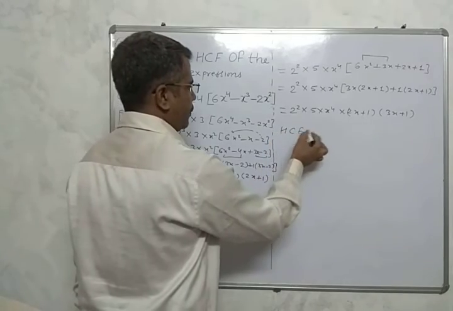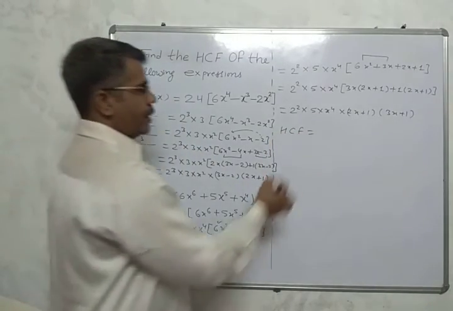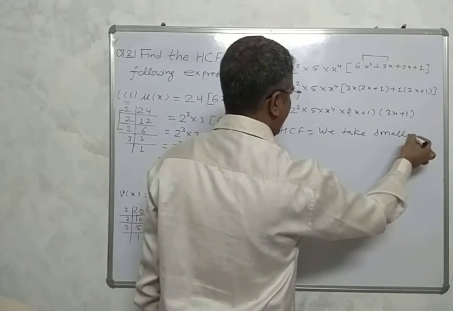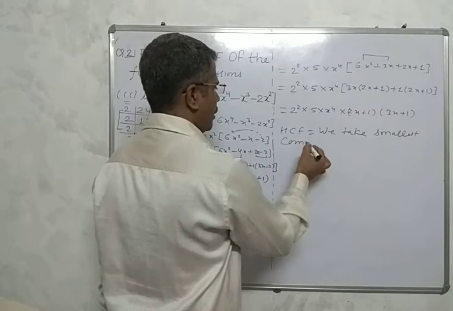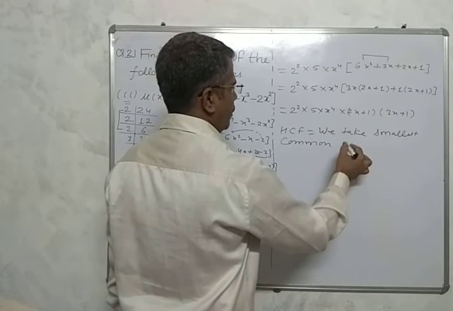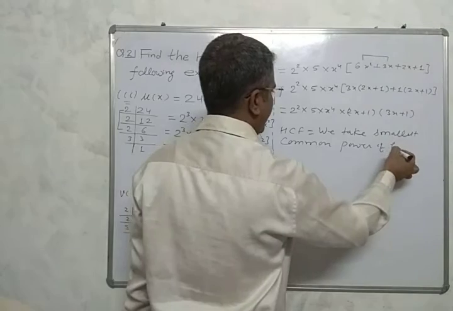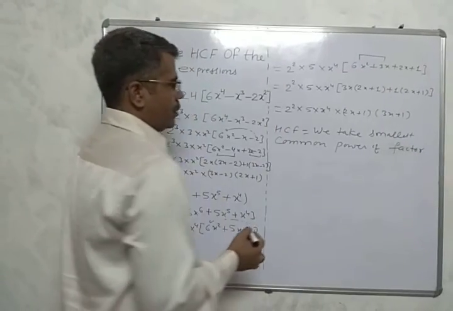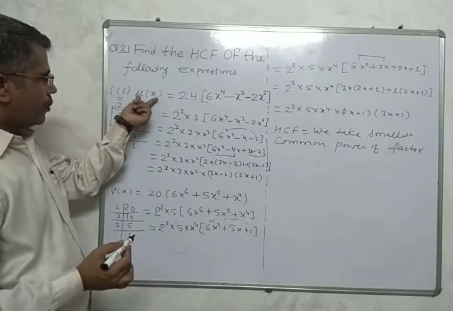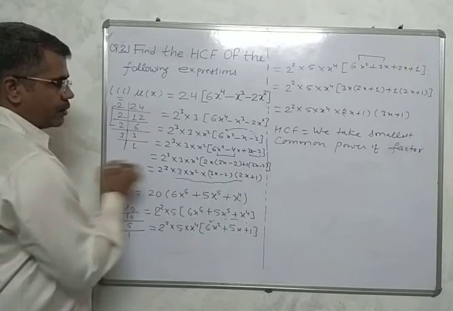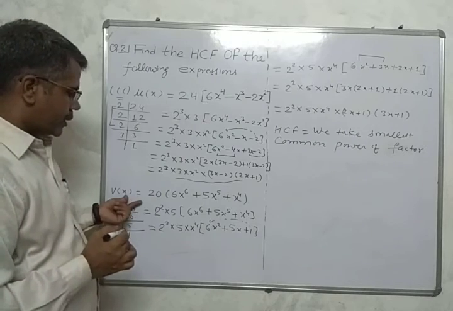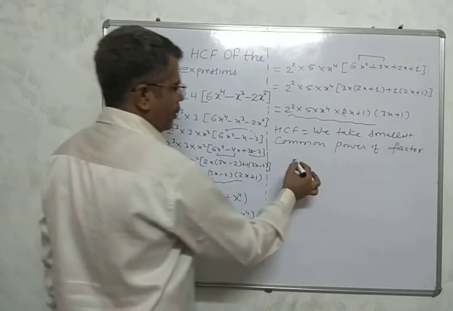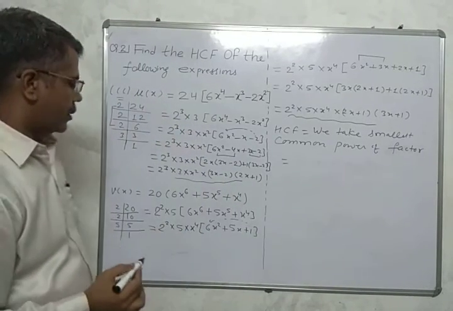We find the HCF. We know that we take the smallest common power of factors. Here the factors of u(x) are given by this and the factors of v(x) are given by this. On comparing, we take the smallest common power of factors.